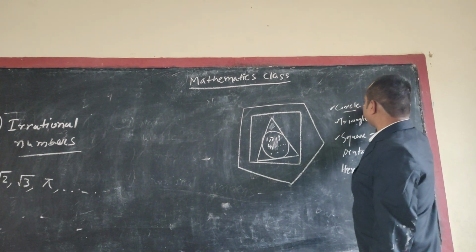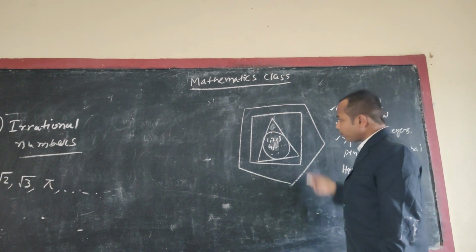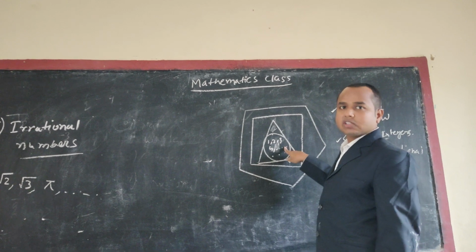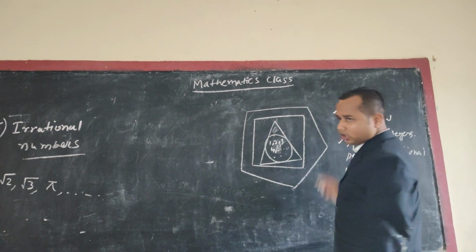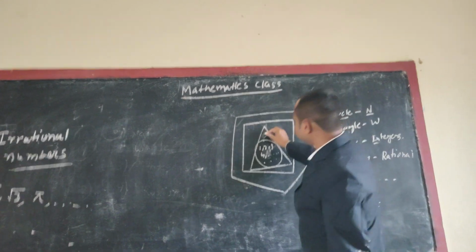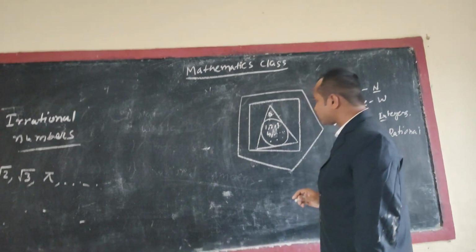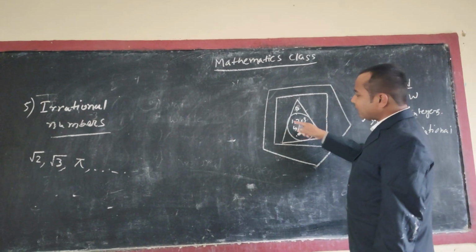That's why the circle represents natural numbers. But 0 is not there, so we cannot say that 0 is a natural number.